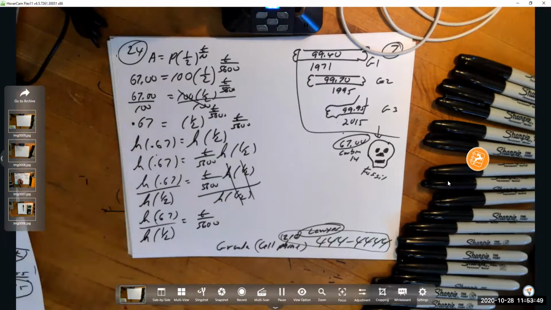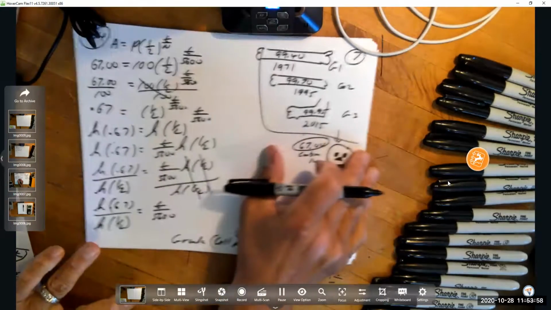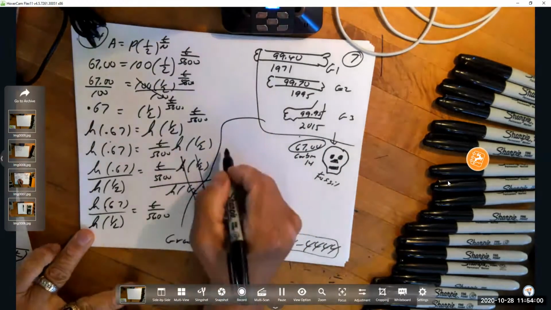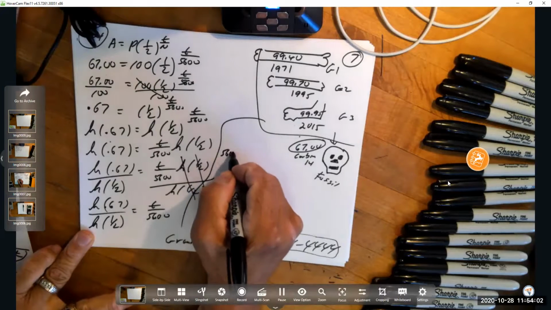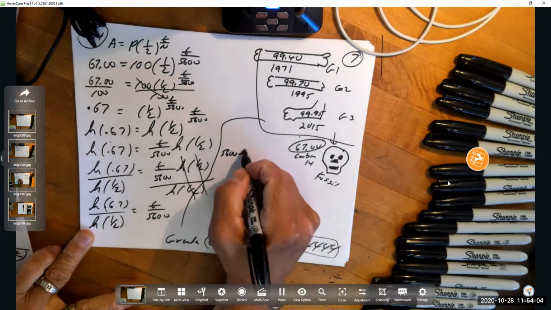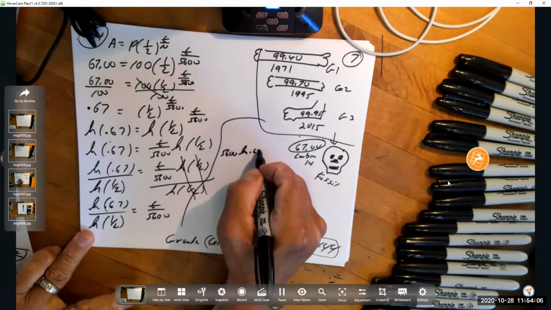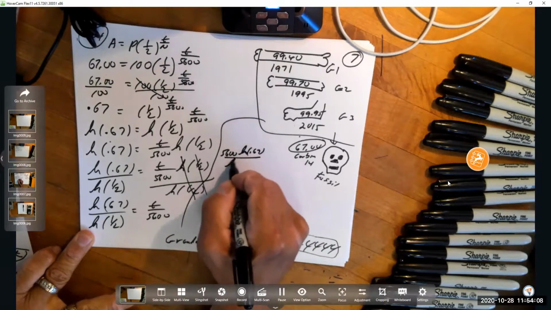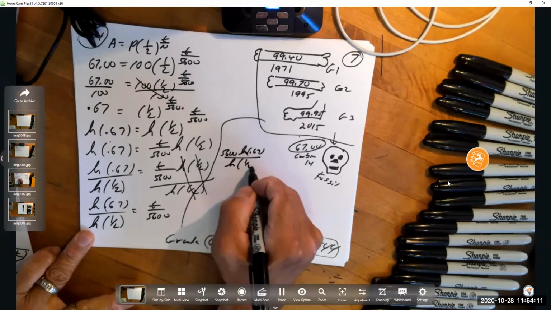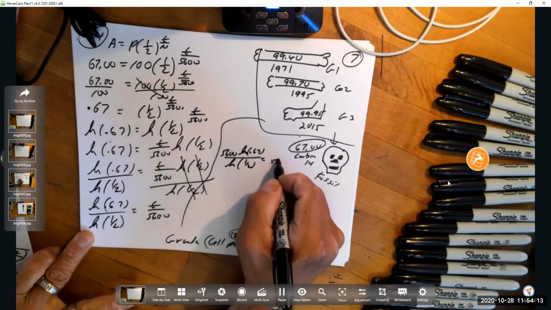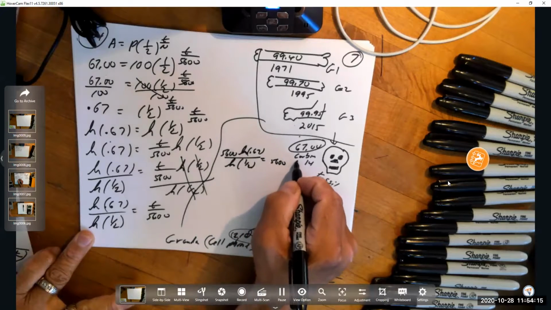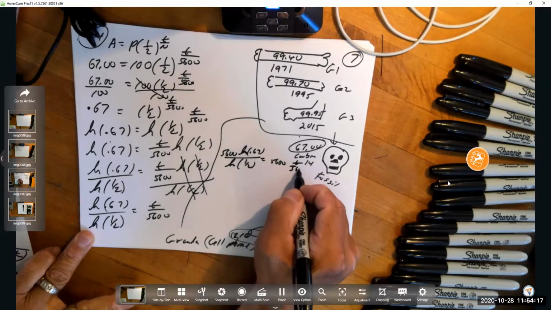So now, what should I multiply on the next step? Both sides. By 5600. Exactly. 5600 on both sides of this thing. So let me do it right here. 5600 times ln of 0.67 divided by ln of half equals 5600 times T over 5600.